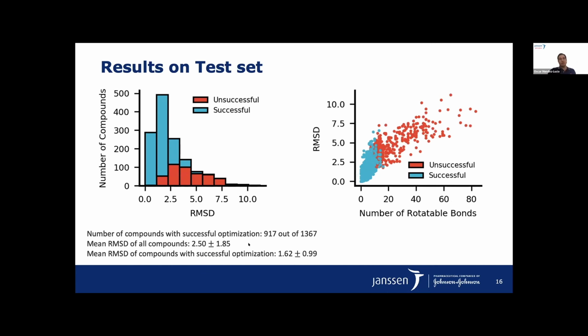This is much larger, 1,367 compounds, for which around 900 finished successfully. Results are quite similar. And here we also notice that above 10 rotatable bonds, the degrees of freedom for the optimization are too large for this algorithm. So trying new algorithms which can deal better with this is a good option.